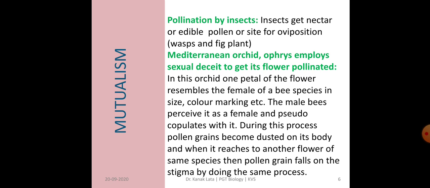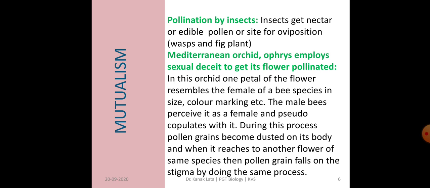Another example is the Mediterranean orchid, Ophrys, which employs sexual deceit to get its flower pollinated by a species of bee. One of the petals of its flower resembles the female of a bee species in color, size and color marking.